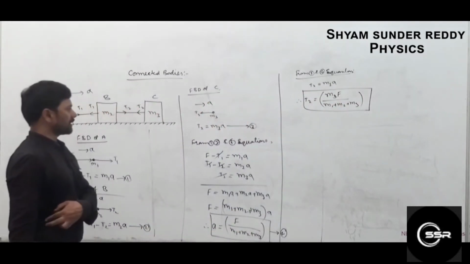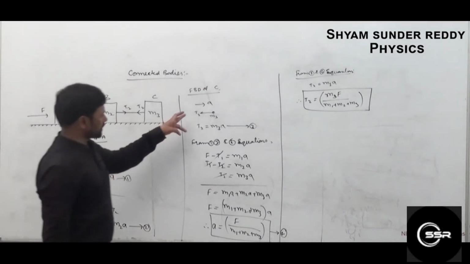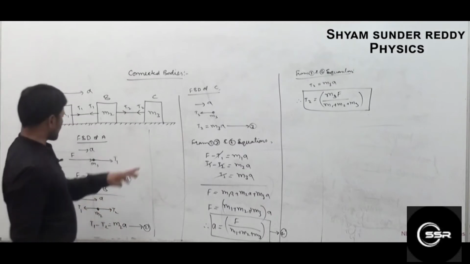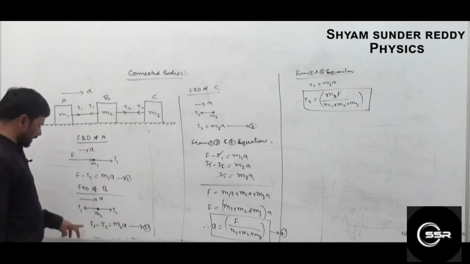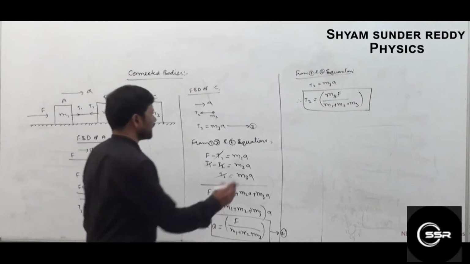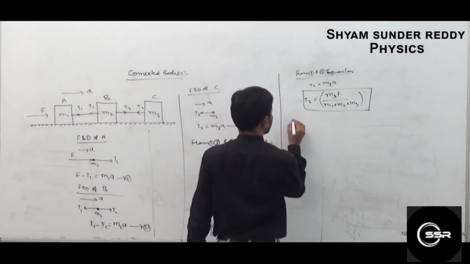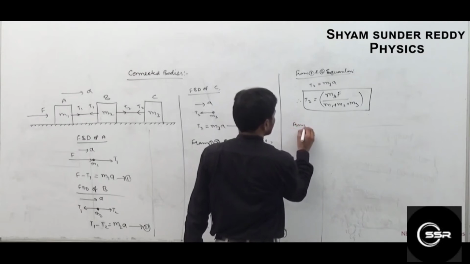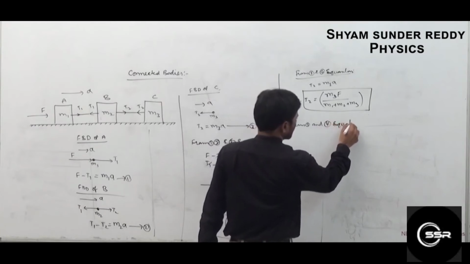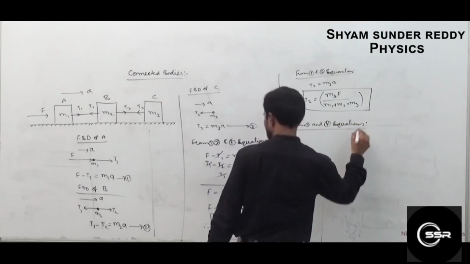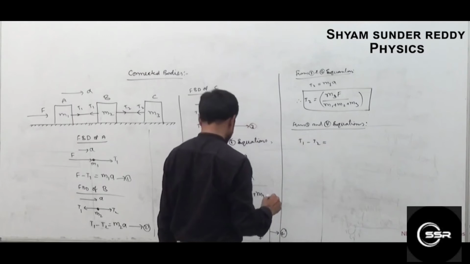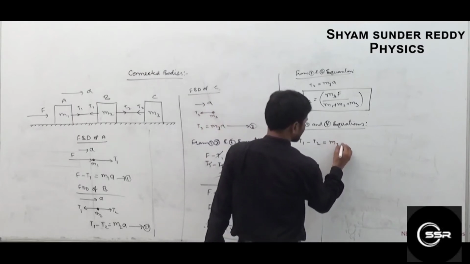Finally, we want the tension T1. From which equation? We have two equations: T1 minus T2 is equal to M2A, and also F minus T1 is equal to M1A. The second equation is the best. Substitute the T2 value here, then you will get the answer directly. From the second and fourth equations, T1 minus T2 is equal to M2A.